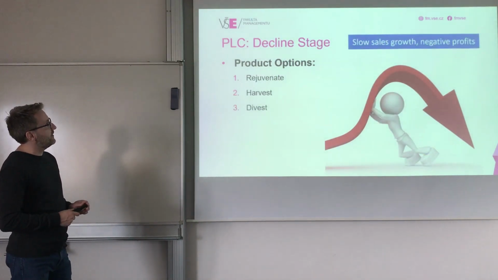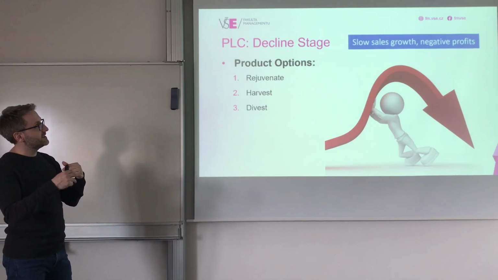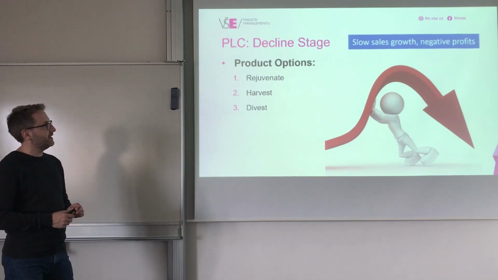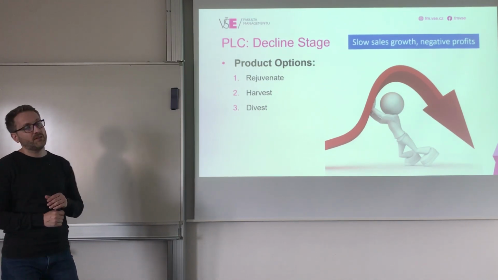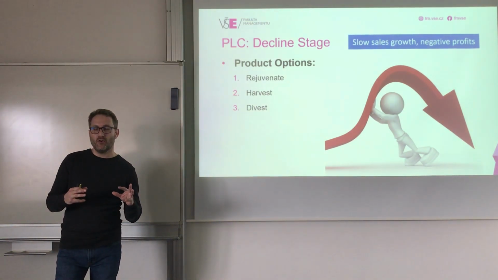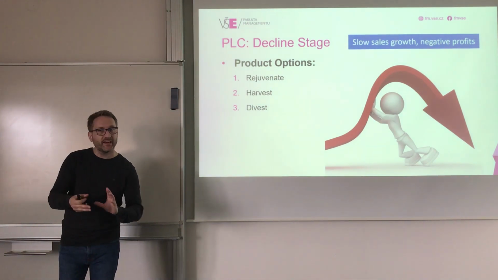And the last thing is the decline stage, where sales are growing slowly or even declining, and also you are again gaining negative profits. Then you can do rejuvenation, where you use some kind of innovations, and you can recreate a product.